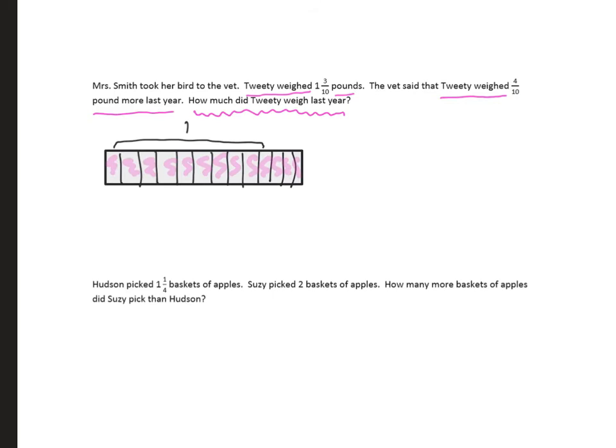All right, so now, if this is this year, I need to figure out how much she weighed last year. And last year, Tweety weighed this same amount, but plus 4/10 of a pound more.